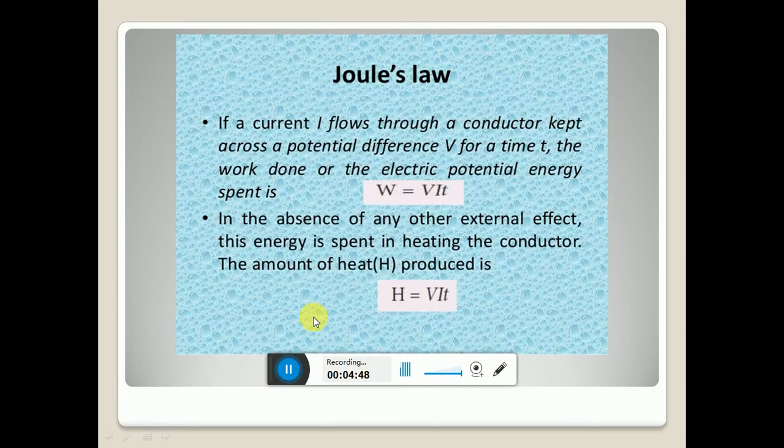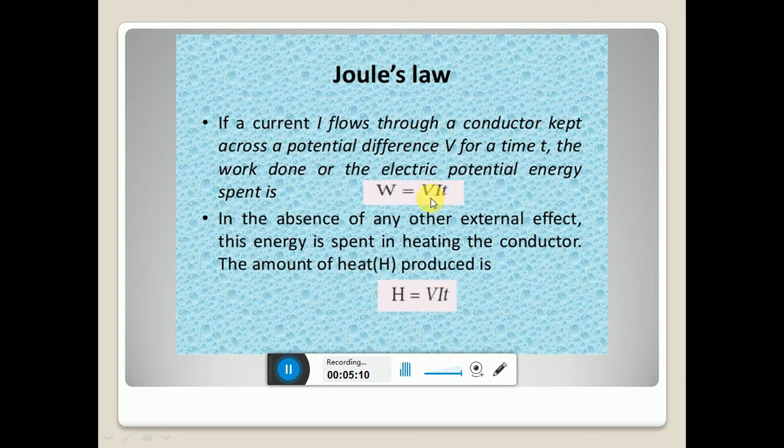Now we are going to see the heating effects of electric current. This heating effect also we studied in lower classes. When current is flowing through a conductor kept across a certain potential difference for a given time, the work done to move the charges will be stored as potential energy. So work done is equal to voltage into current into time.